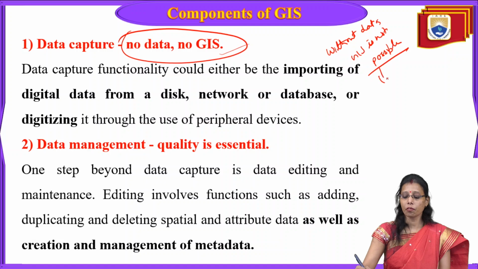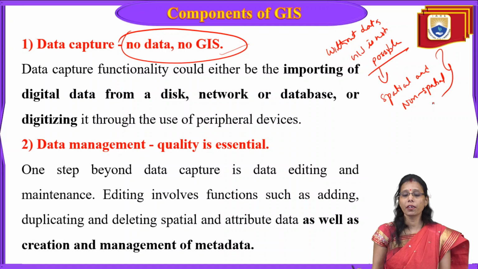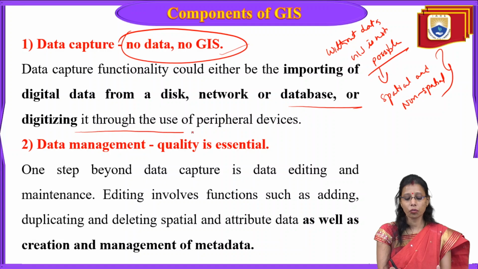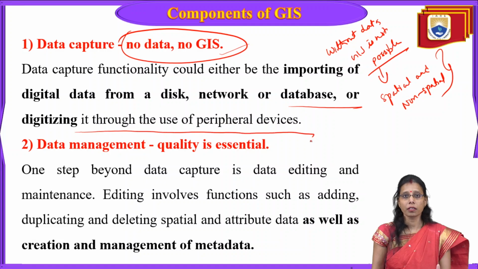So what is the type of data we use? Data used in GIS is spatial and non-spatial. These two types of data can be helpful for creating different kinds of maps and finally getting a proper output or result. So data capture means importing digital data from a disk, network, or database, or digitizing it through the use of peripheral devices.